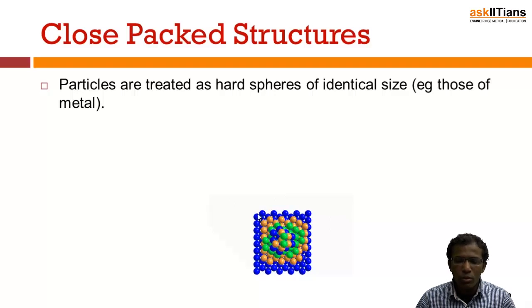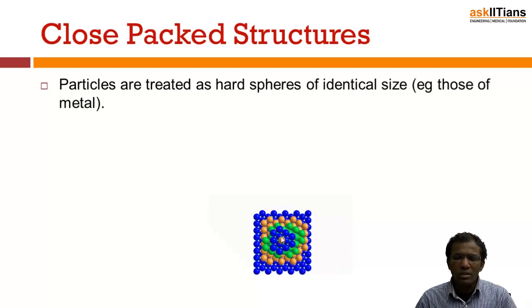The second layer has a different arrangement from the first one, so they are shown with different colors. Above this there is one more green layer, which has an even different arrangement than these two layers, and above the green one we repeat the blue layer. So it is a three-dimensional close packed arrangement, or close packed structure.